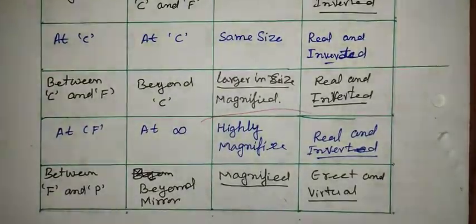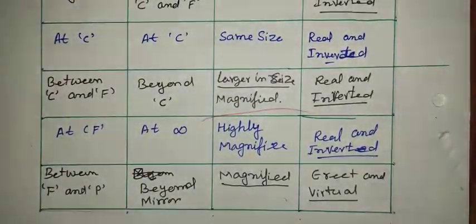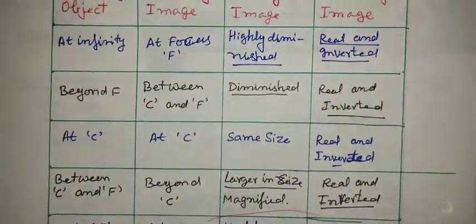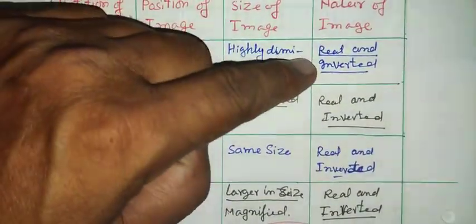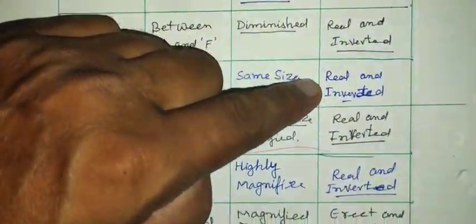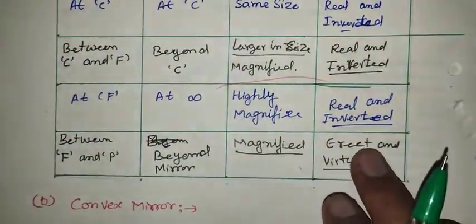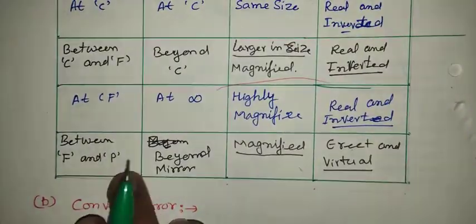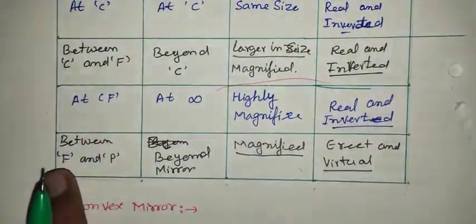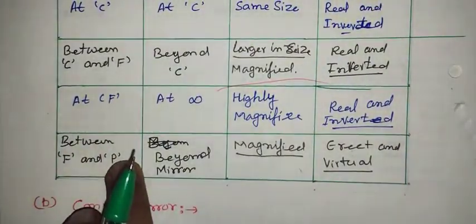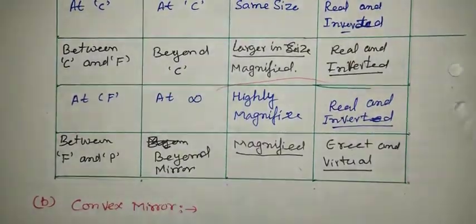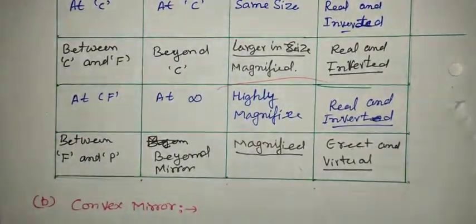So see here, in the case of concave mirror, very carefully in this table, at every position a real and inverted image is formed, but only in one situation is an erect and virtual image formed: when the object is in between F and P. So it is formed beyond the mirror on the other side.